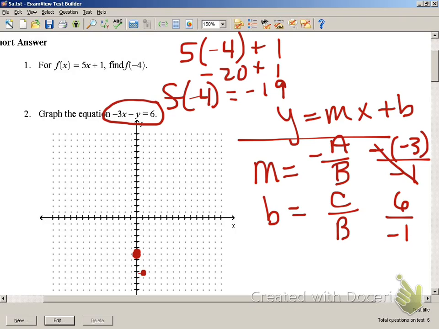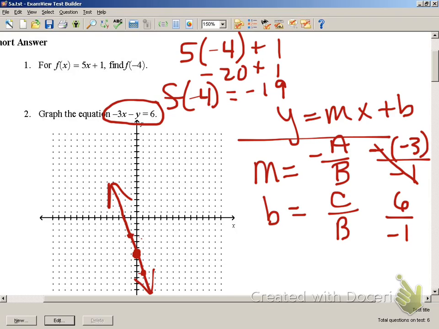Or I can go up 3 and back 1. I only have to have 2 points. I chose to do the 3, and then we are essentially just drawing a line through those points. And that is the graph of negative 3x minus y equals 6.